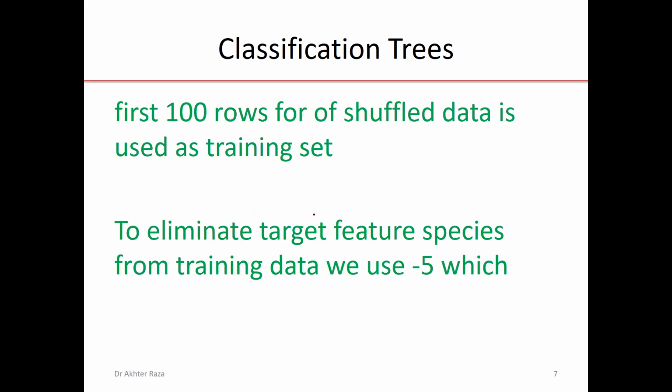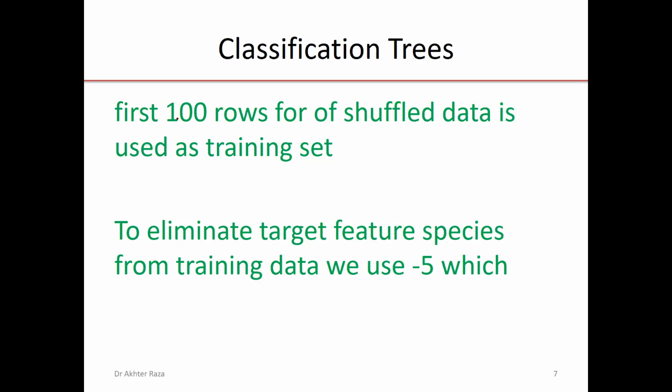The first 100 rows of the shuffled data are used as the training set. Out of the 150 rows, we want to group the data into two segments: training data and testing data.